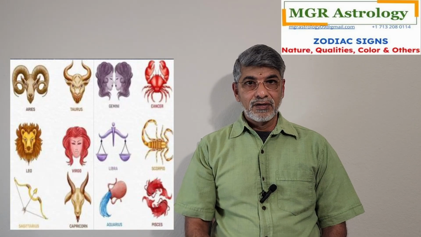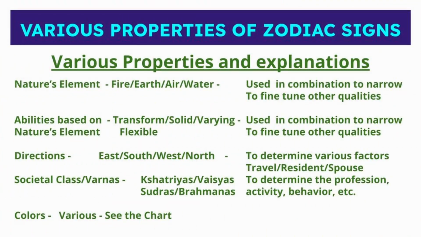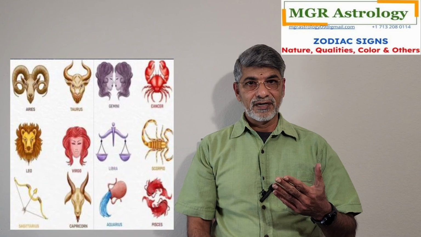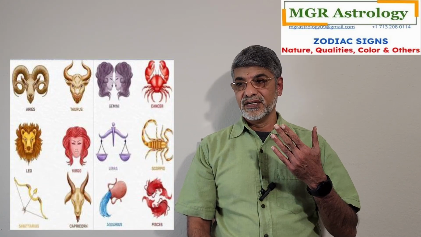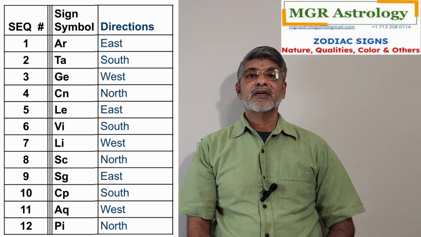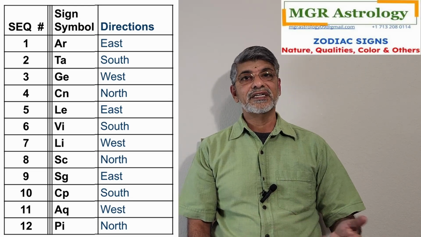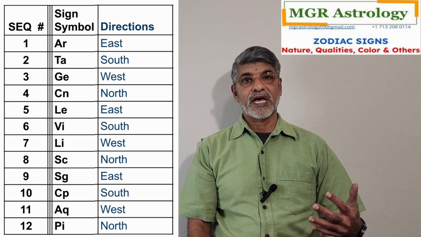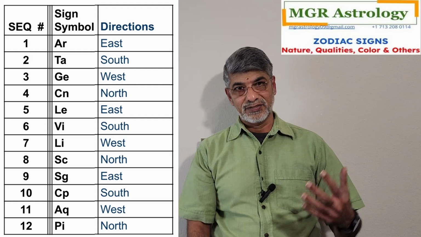The next one is the direction allocated to the rasis. There are four directions every one of us knows. East is allocated to Aries, then Taurus south, then west to Gemini, and Cancer to the north, and then it is repeated two times for the other 8 rasis.